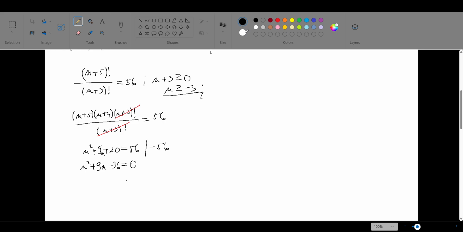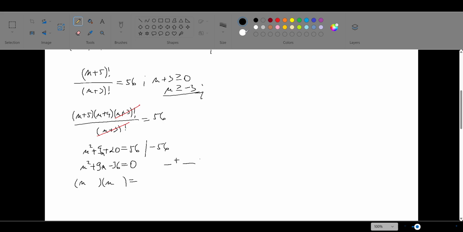Now let me just remind you, and you can do this quick check, that if you want to factor this expression, you are looking for two numbers, so that if you multiply these two expressions you will get the expression above. And to find these two numbers, I didn't write plus or minus because you will find if it's plus or minus when you look for such numbers, and these two numbers have to meet two conditions.